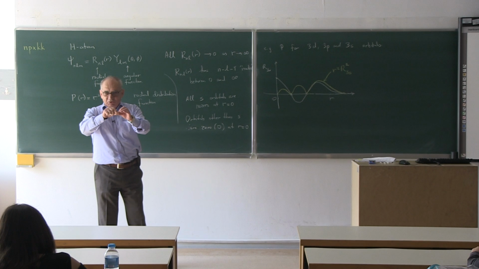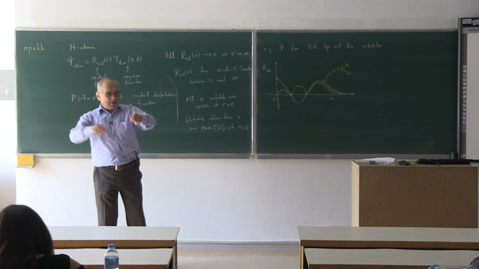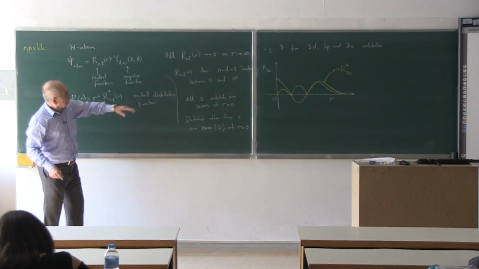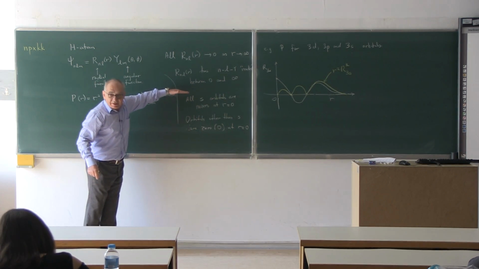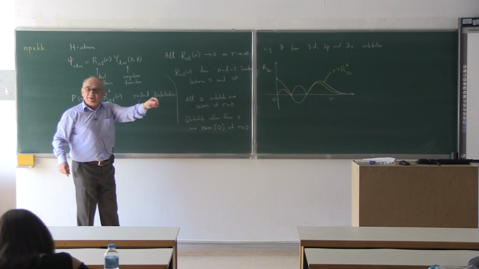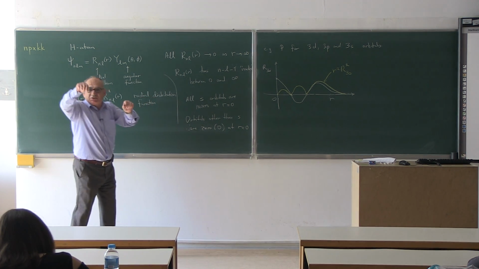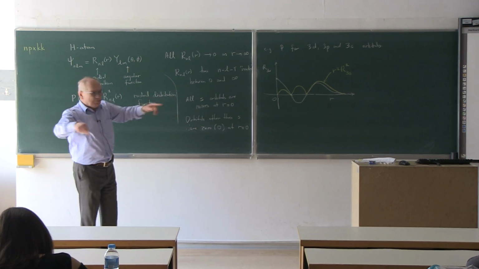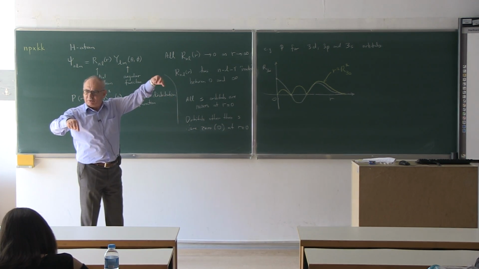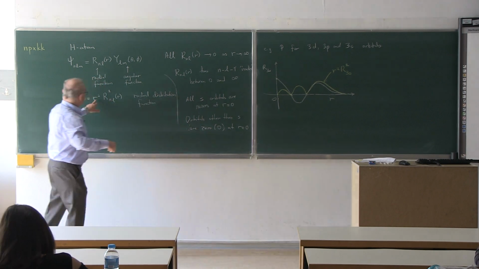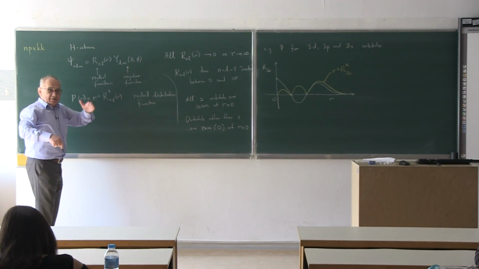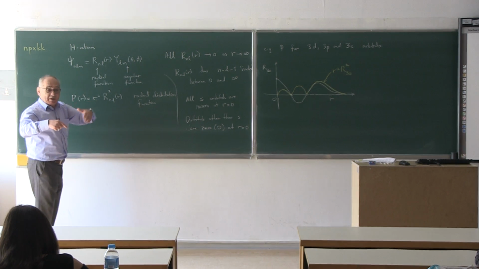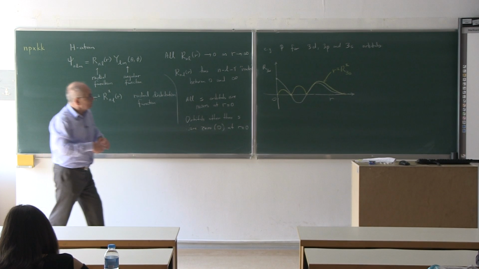We first draw the graph of the R function itself, using such knowledge that it has this many nodes, it becomes 0 at infinity, and for the s functions, of course, it is non-zero, but after multiplication with r square, at r equals 0, the radial distribution function P also becomes 0.